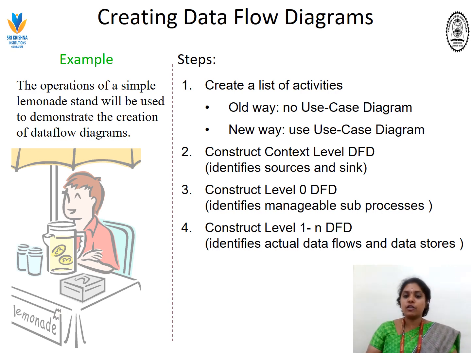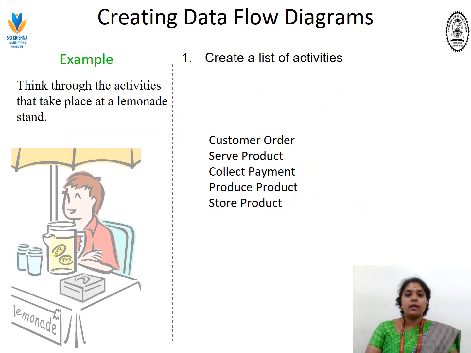So identifying the actual data flow and the data store will be initiated from level 1, and we can go up to n levels of DFDs. So it is mentioned as 1 to n, right? Here, the first step is to create a list of activities. For a lemonade stand system, we can start by specifying a customer order, right?